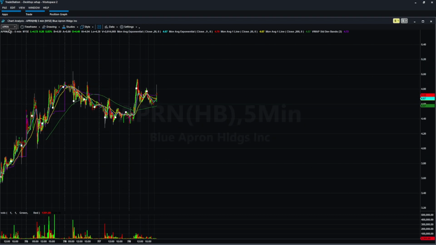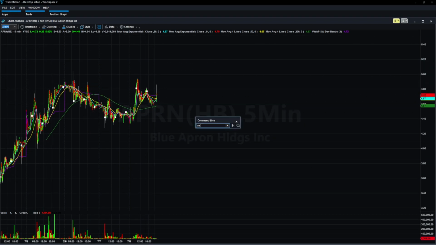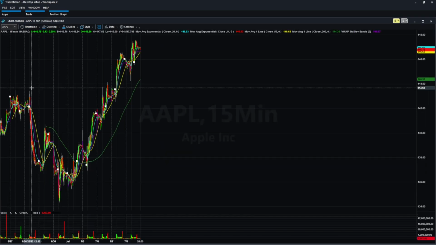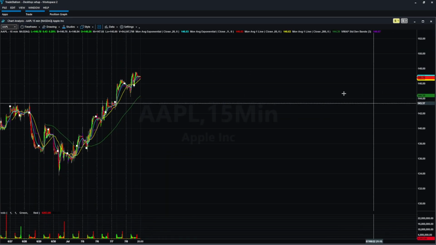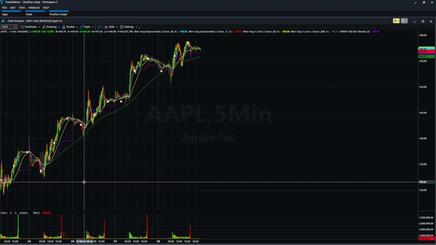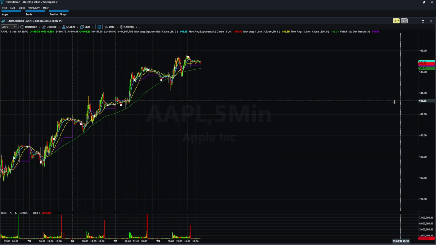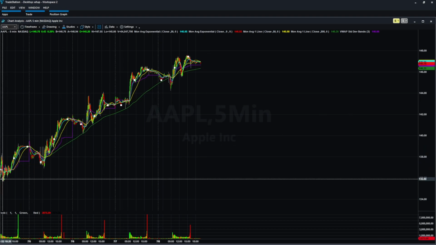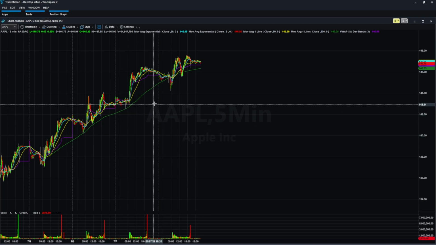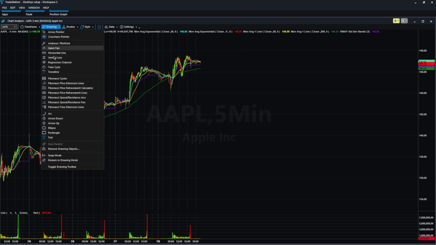Doesn't want to move. Okay, we'll not do that. Let's go to something big like Apple. Apple, over the past few days, has held a rough trend line. It doesn't look like a perfect one. Actually, that's not very perfect at all. But it does have a rough bottom end trend.